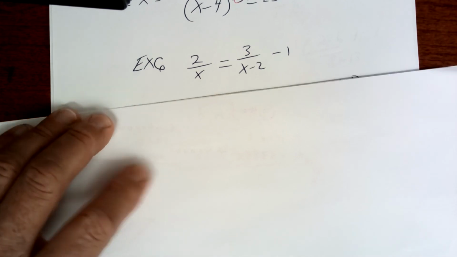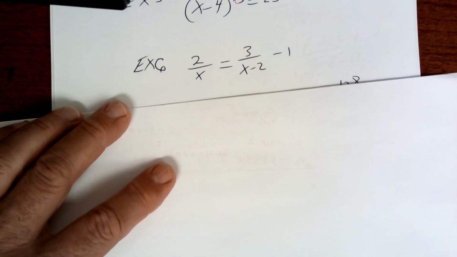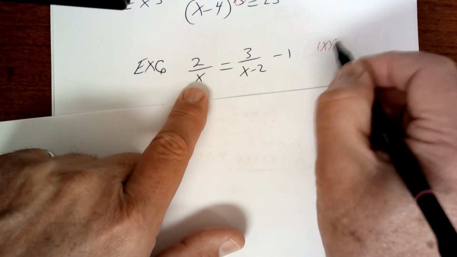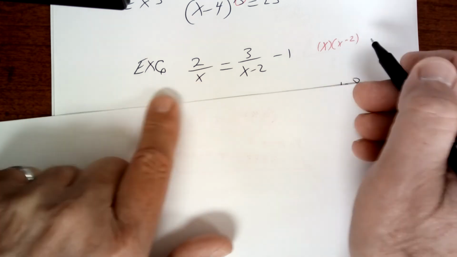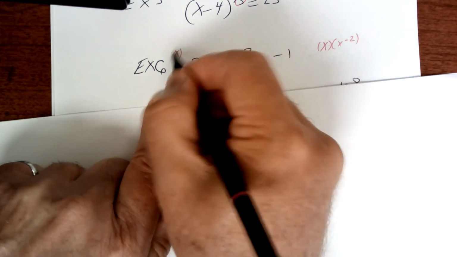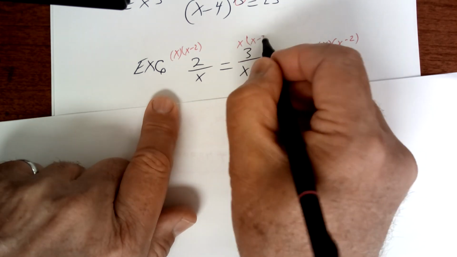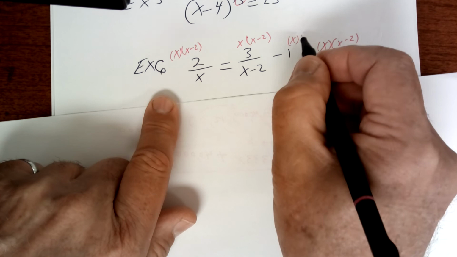All right, to do this one, you have to first multiply by your least common denominator. This is already factored, so you want one of each. So you're going to multiply this one by x and x minus 2, x and x minus 2, x and x minus 2.